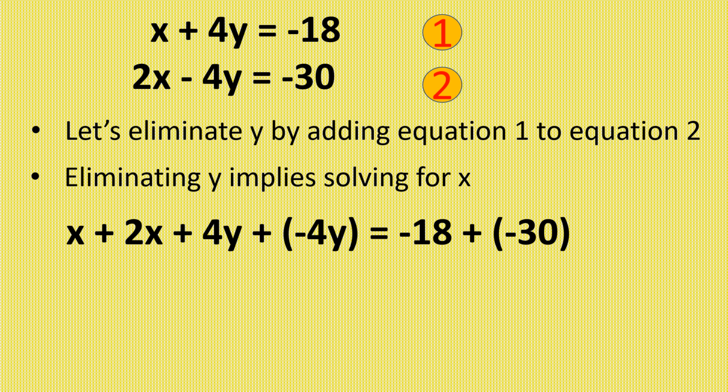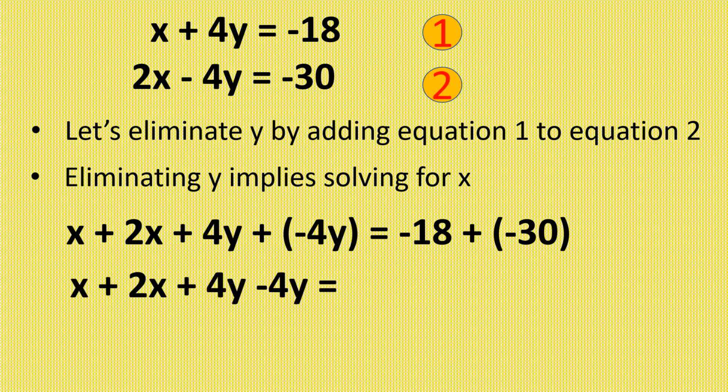Then the y terms: 4y plus minus 4y. And then the constant terms on the right hand side in equations 1 and 2: minus 18 plus minus 30. So that's what has been written out.